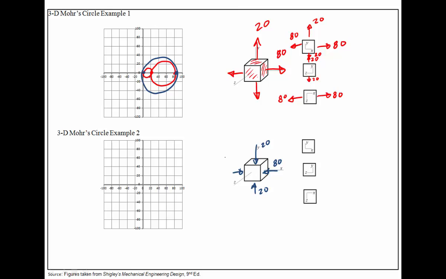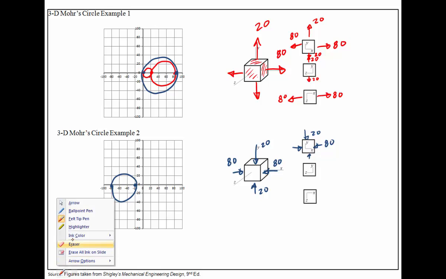We can start out by plotting the XY face again, and on the XY face we have 80 and 20. We can plot that one, but this time it's going to be compression. So we end up with a Mohr circle like this.